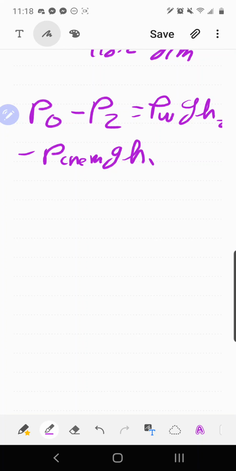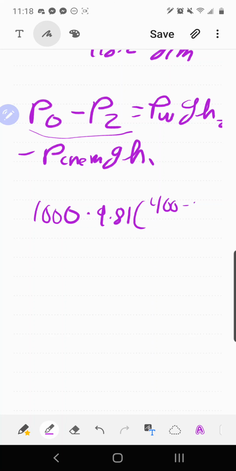So the difference in pressure between these two points, which is what we are looking for, is going to be, I'm going to leave units out of this for now, times 9.81 times 400 minus 50 divided by 1000. I have to put units here, millimeters per meter, and both of these are in millimeters up here.